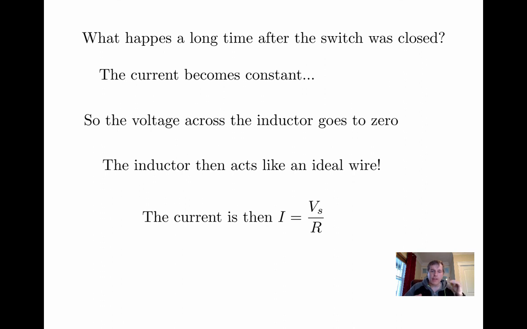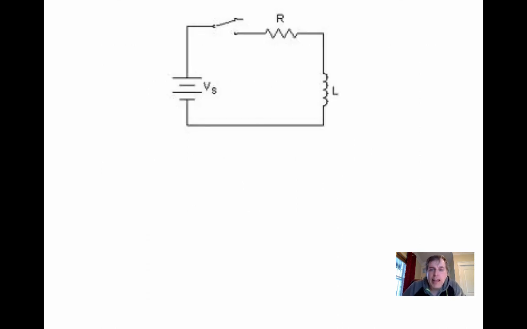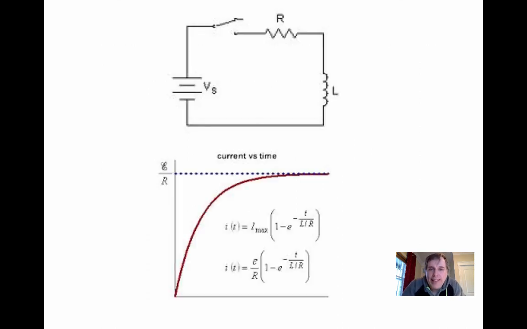If there's no inductor, the current is 0, you close the switch, and the current jumps to Vs over R. The difference now is that the current stays equal to 0 for a very short time, and eventually goes to Vs over R. But the increase is much more gradual because of the inductor. So what you have is a curve like this.